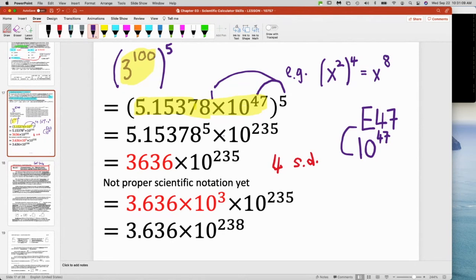Yeah, the reason you get a math error, Norris, is because it's too big for your calculator.